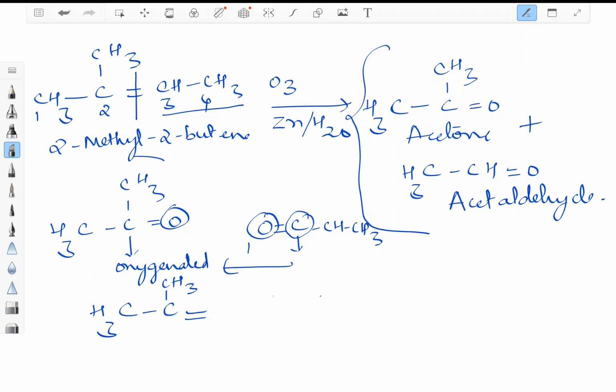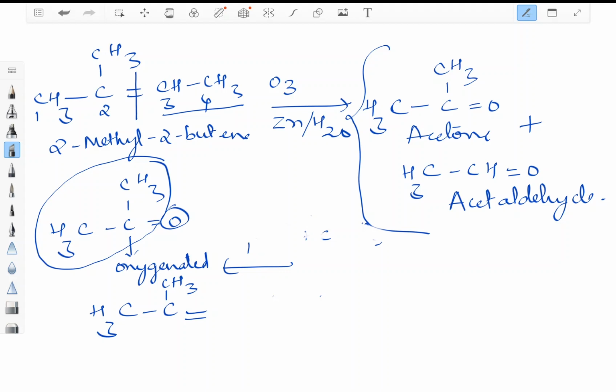This part is as it is, CH3. Then here, I think I have written this one wrong, sorry. What is here is C, CH.